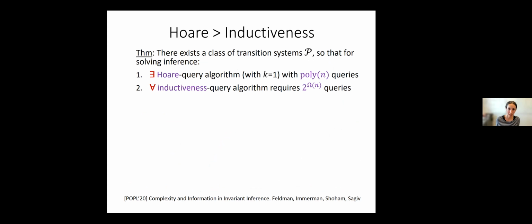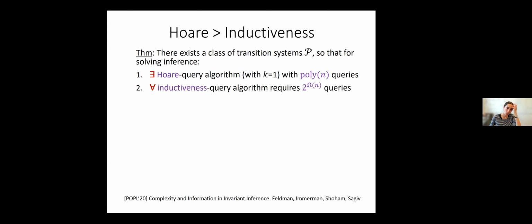This theorem says that there exists some class of transition systems for which there exists a hole query algorithm that can infer invariants for these transition systems with a polynomial number of queries. And you see here, this algorithm will only use k equals 1 in the delta k, so it's just delta. So the difference doesn't come from there. So there exists a hole query algorithm that is efficient, but every inductiveness query algorithm will require an exponential number of queries in the worst case.